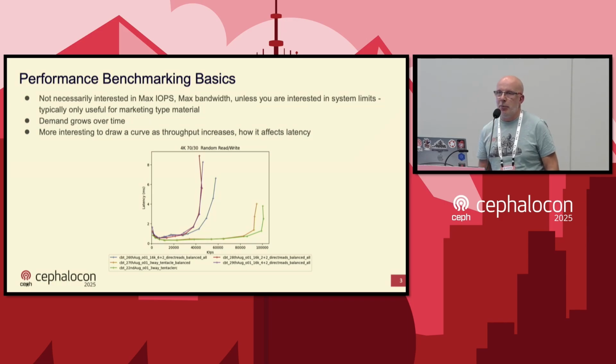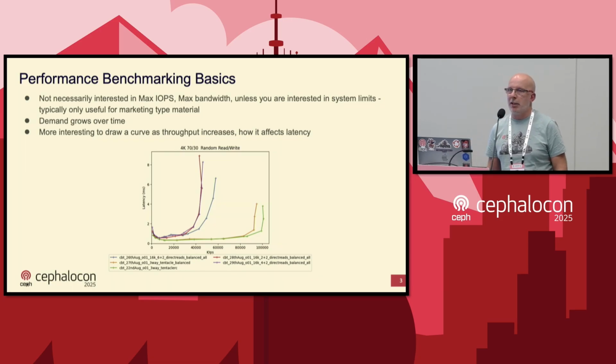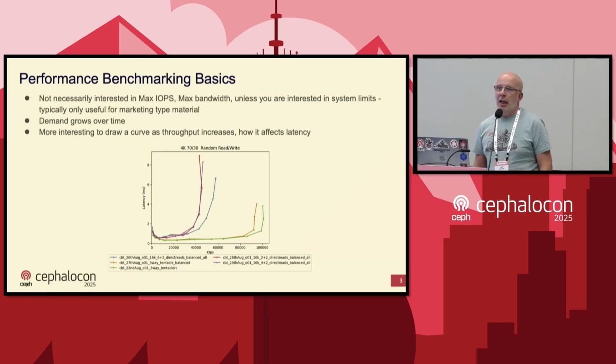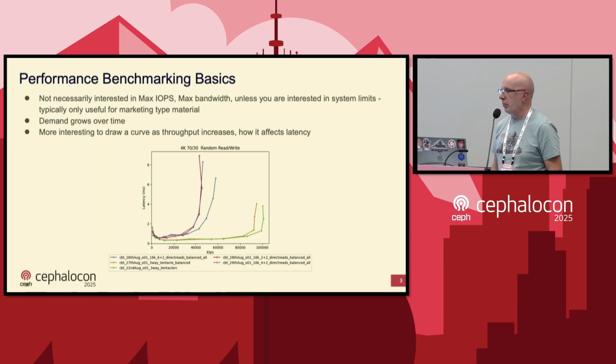It's actually more interesting to draw a graph such as what we can see here, which shows as throughput increases how it actually affects latency. And from drawing one of these graphs, you can also understand how demand grows over time, so as you expand your storage systems, what the upper limits of the system are going to be.